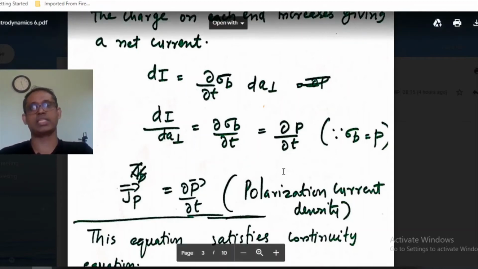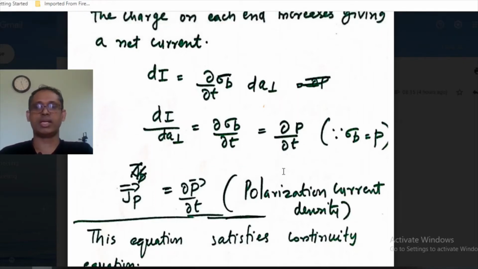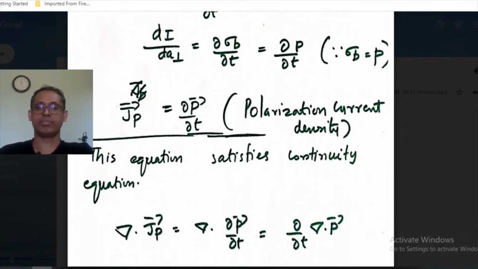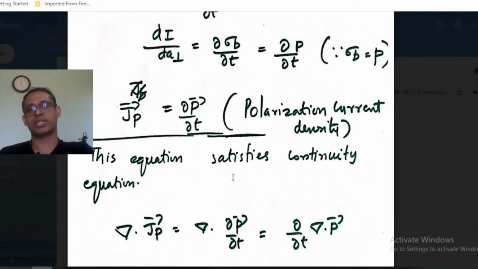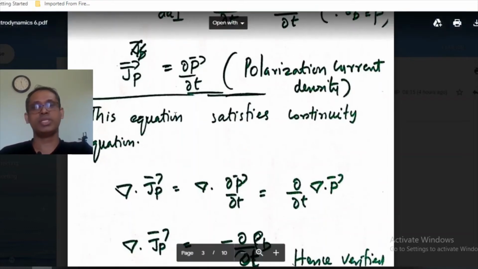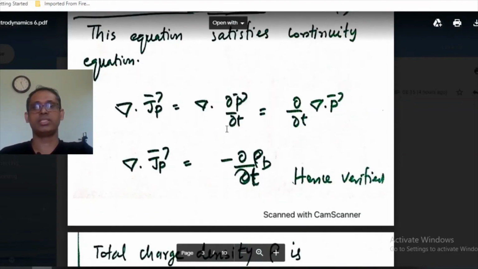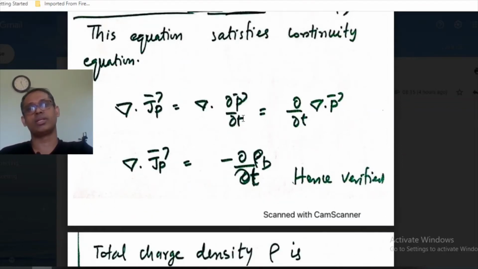In vector notation, the polarization current density is given by Jp equal to dou P over dou t. So we have this polarization current density. Now if I take del dot Jp, the divergence of this, that is dou by dou t of del dot P.